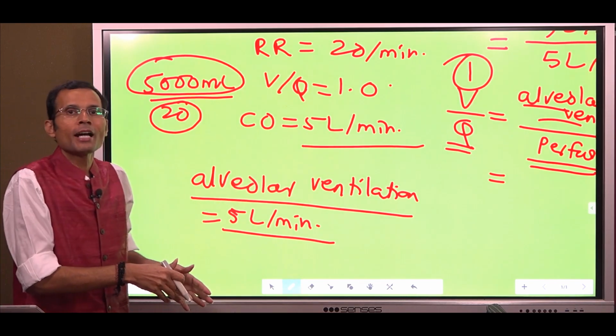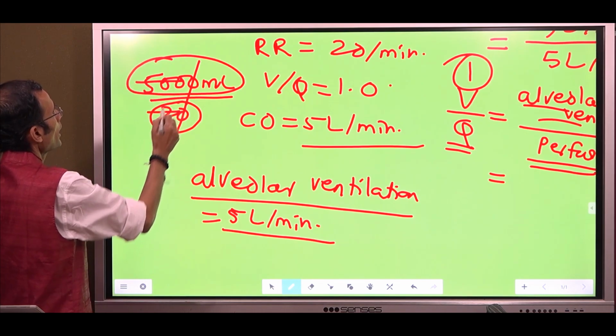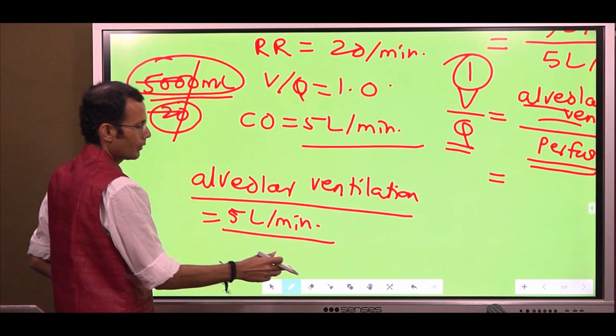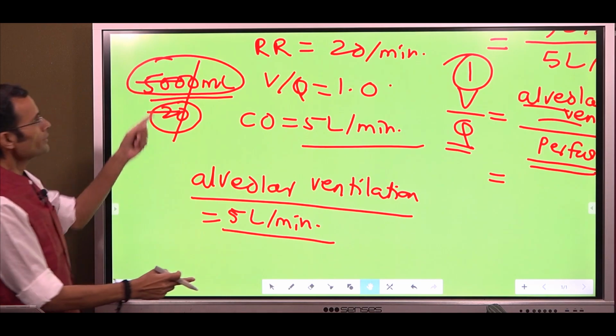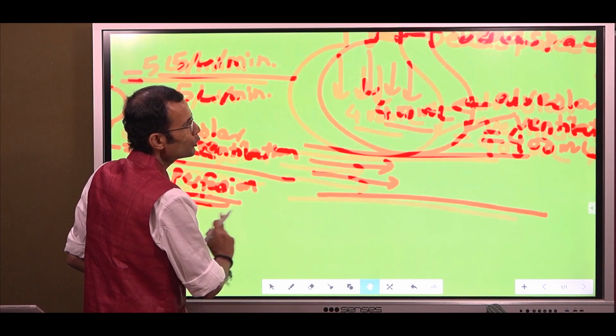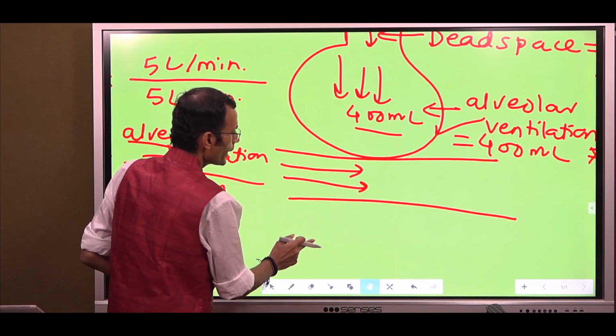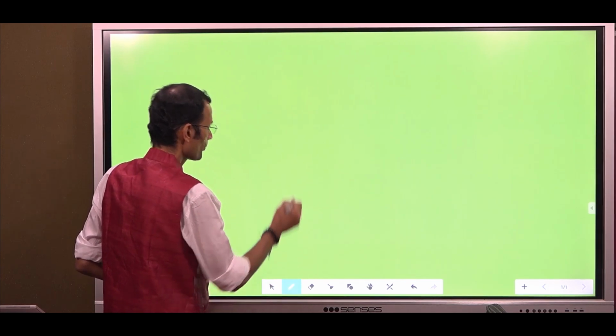So in each breath, how much will it be? Let's divide it. Okay, answer is 250 ml. So you can see here, answer is 250 ml. That means in the given data, 250 ml air is reaching the alveoli.